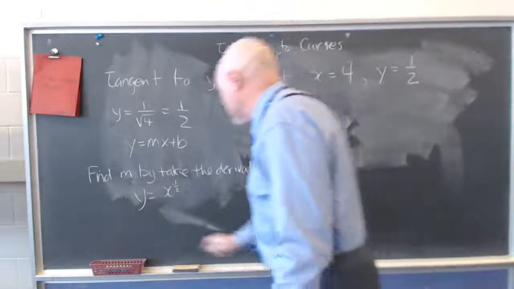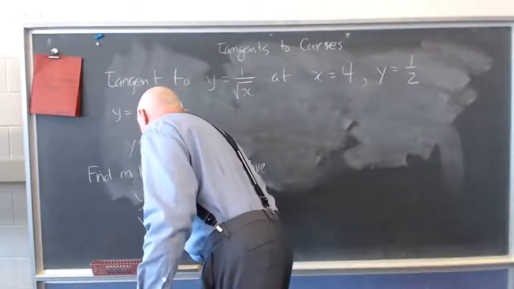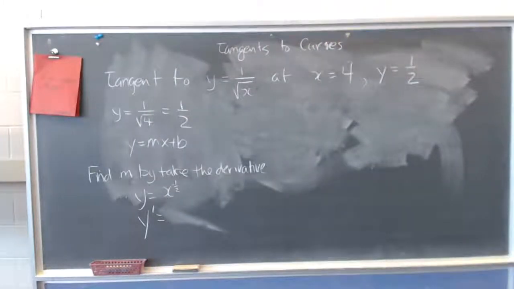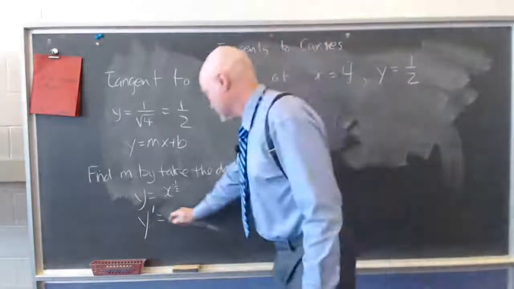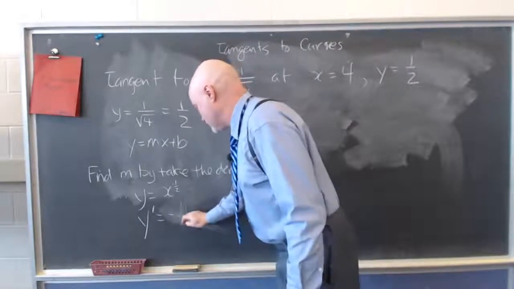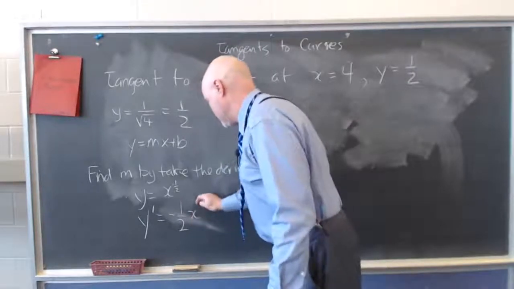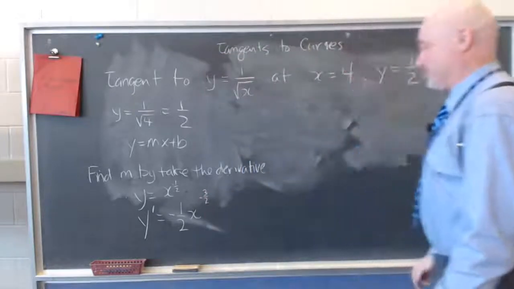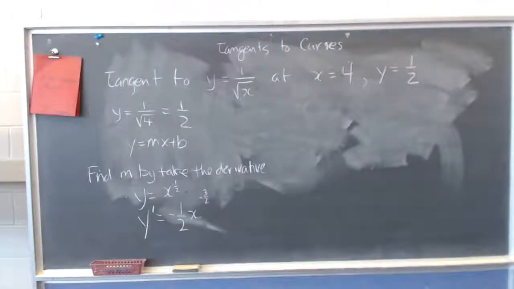All right. Y primed equals, if I asked you what the derivative was, what would you say? Negative 1/2 x to the exponent that minus 1. That one right there. Yeah, exactly.